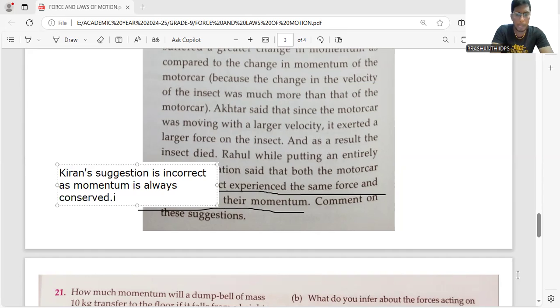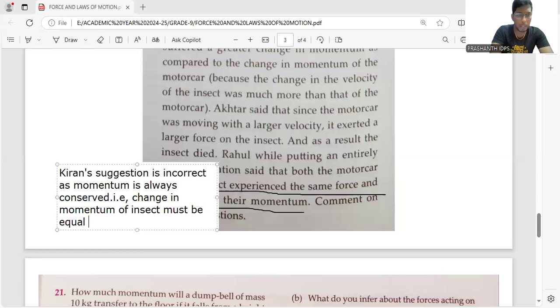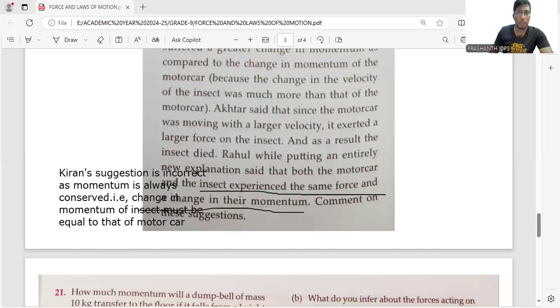That is, the change in momentum of the insect must be equal to that of the motor car. This is Kiran's assumption.